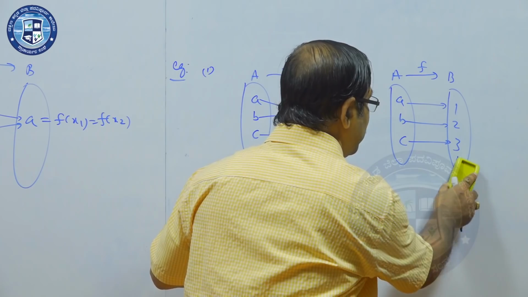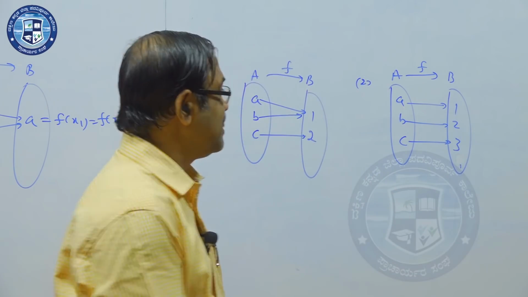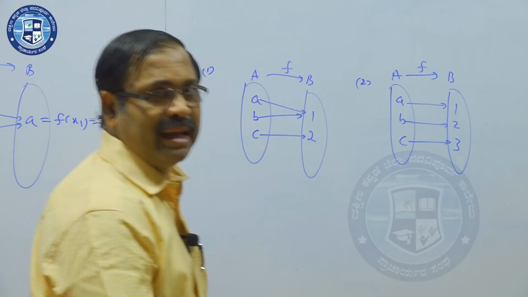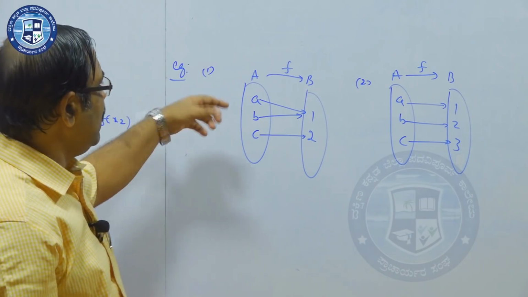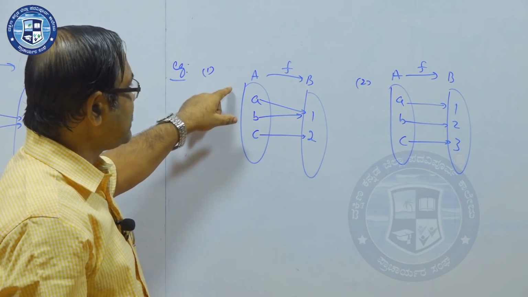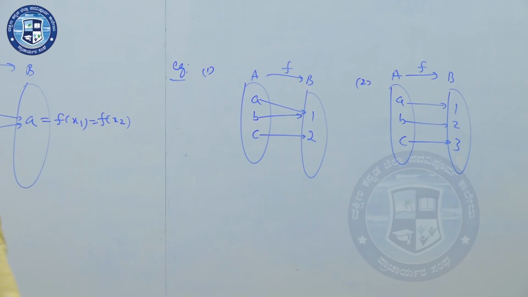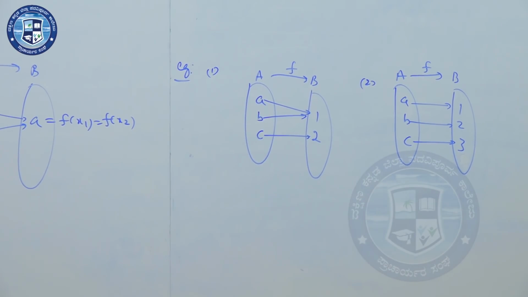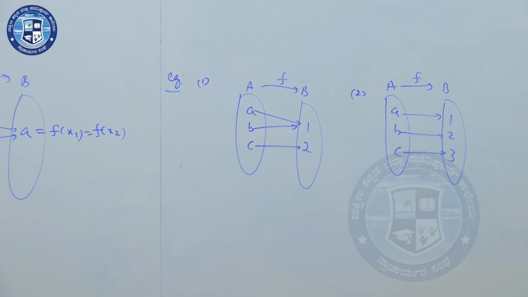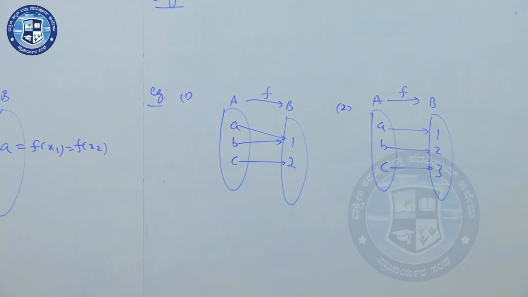Why? Onto means all the elements of set B are images. That means for some elements of A, there must be an image in set B. So the function is said to be onto.